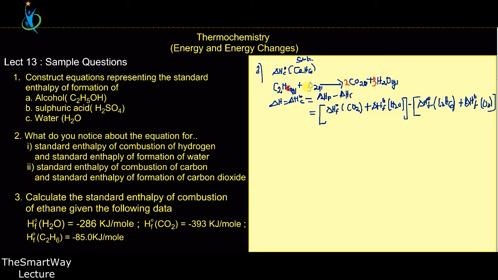And then the last one, I balance the what? Oxygen. So for oxygen, how many oxygens are here? 2 times 2 is 4 plus 3, which becomes 7. So there's 7 oxygen overall on the product side, and I have only 2 over here, but I want 7.